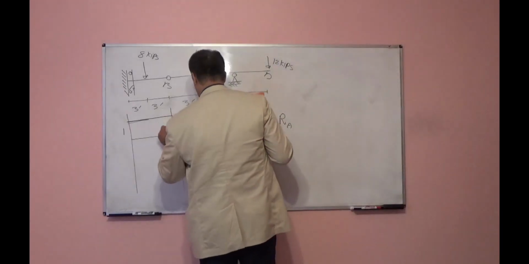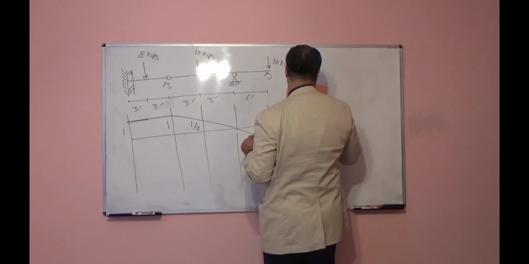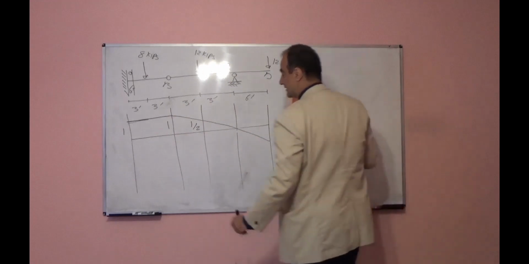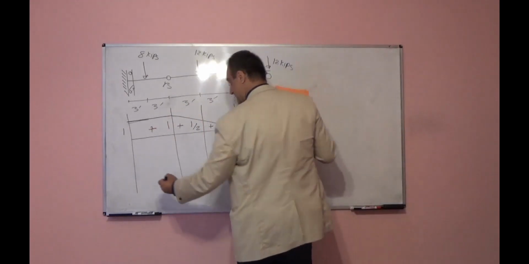This will be 1, 1. From similar triangles, this height will be 1 over 2. And from similar triangles, this will be 1. Positive, positive, positive, negative.